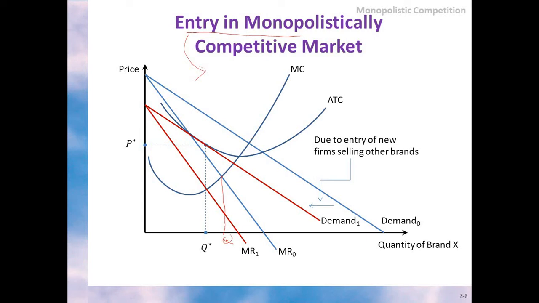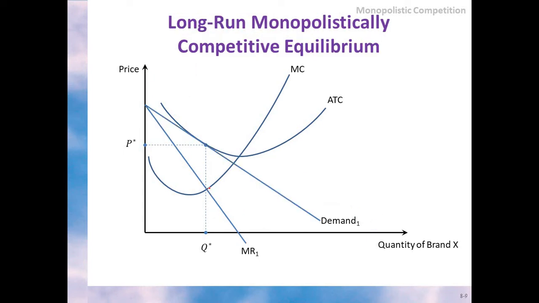The Q is here for this firm, but then the Q now has been reduced because the demand also has fallen. So in the long run, for the monopolistically competitive firm, it is the same case as perfect competition, in which the firm will only earn what we call normal profit or zero economic profit.